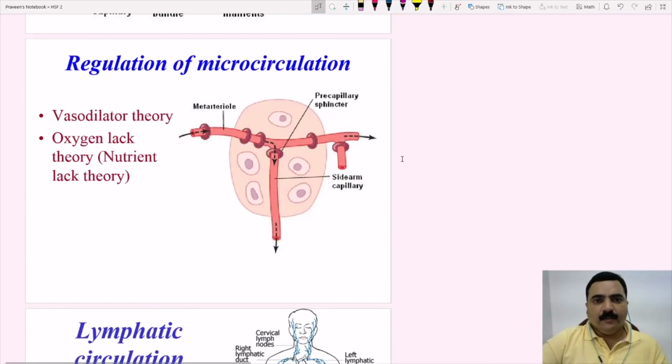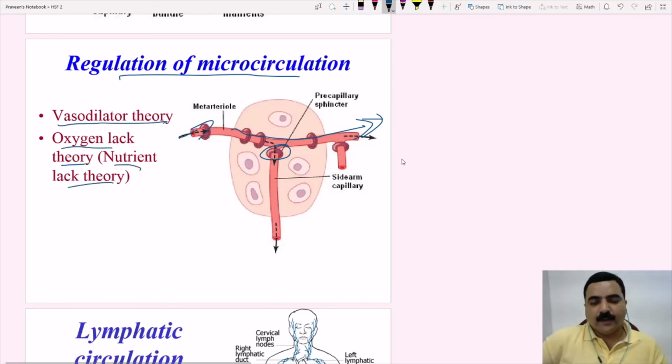Okay. Now the regulation of the microcirculation. That is the precapillary sphincter. So this is your precapillary sphincter, and that determines whether the blood has to go into the capillary or just bypass this capillary and go out. It will come from here and just go out over here without going into the capillary and supplying the tissues. So there are the vasodilator theory and the oxygen lack theory or the nutrient lack theory.